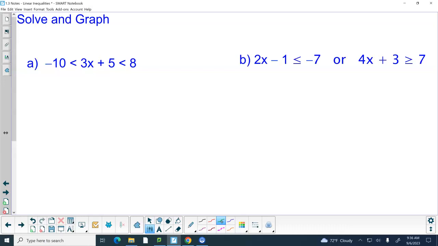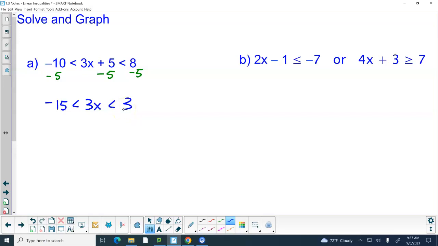So if I'm going to subtract 5 here in the middle, I have to subtract 5 in the other two parts because I got a 3-part equation. So it's not what I do on one side, it's what I got to do everywhere else. That then gives me negative 15 is less than 3x is less than 3.